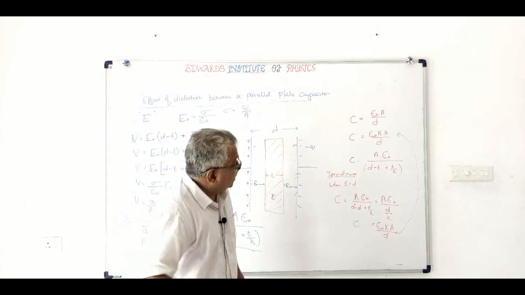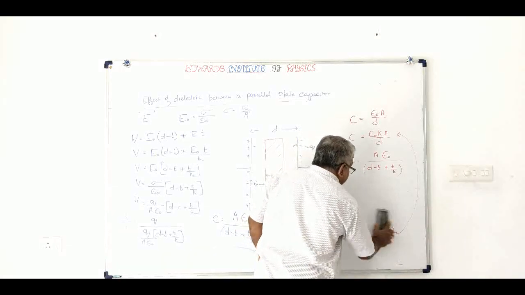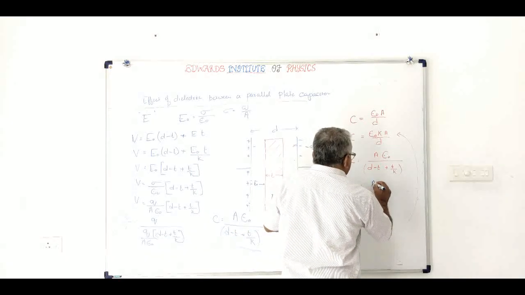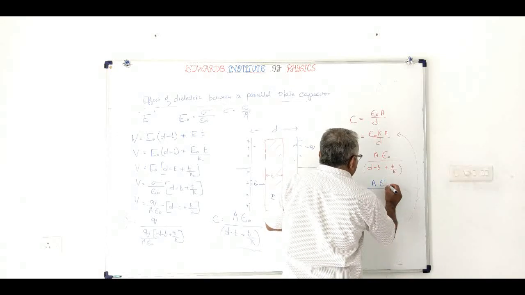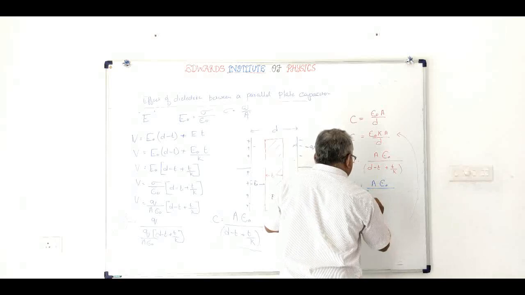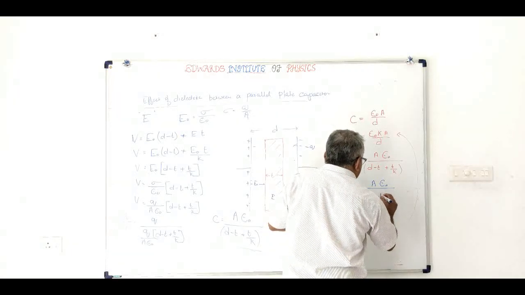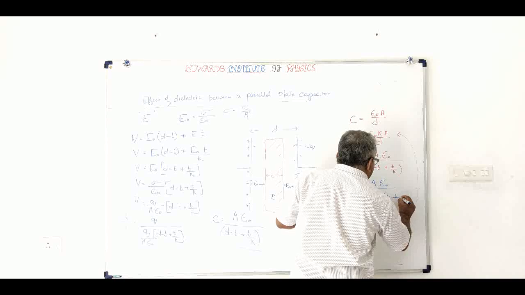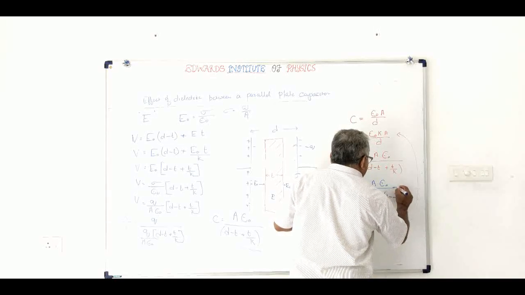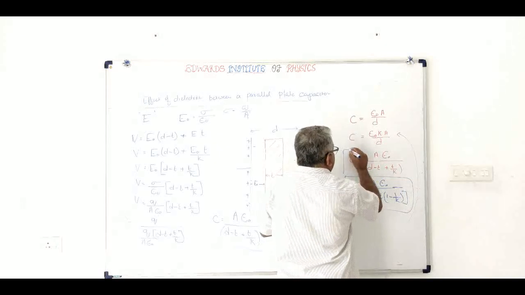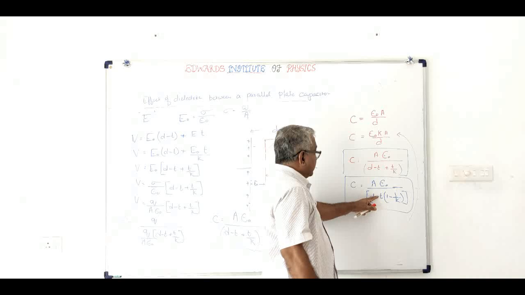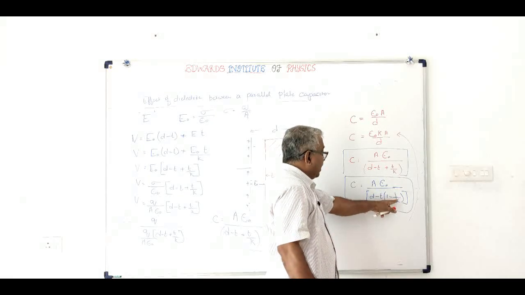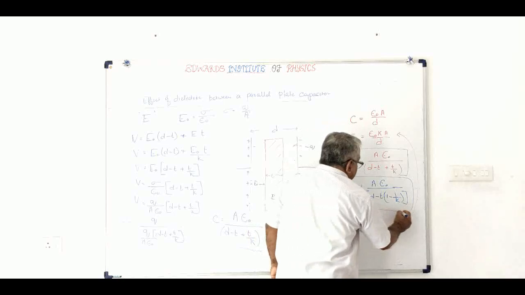Now you can write this in this way also. This can be written as C is equal to epsilon 0 A by, you can take T outside, D minus T into 1 minus 1 by K. That is D minus T into 1 minus 1 by K, which gives D minus T plus T by K. You can write in these two methods also.